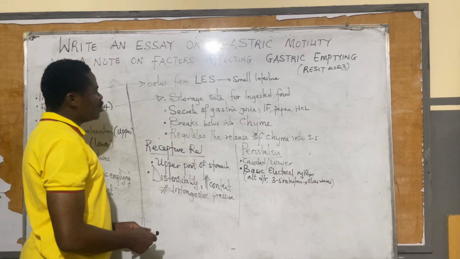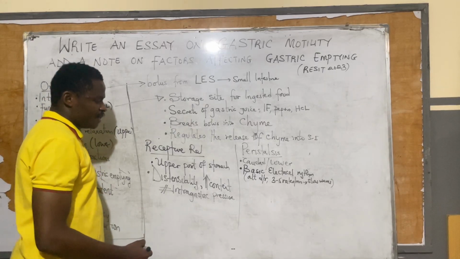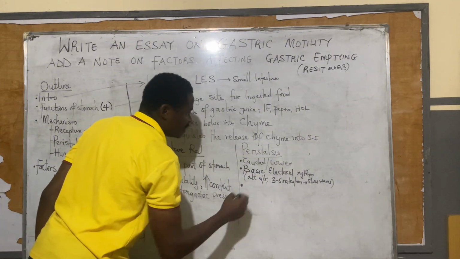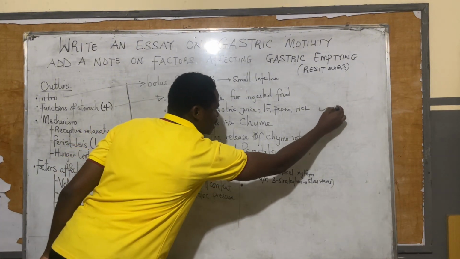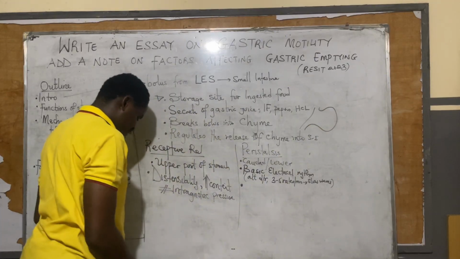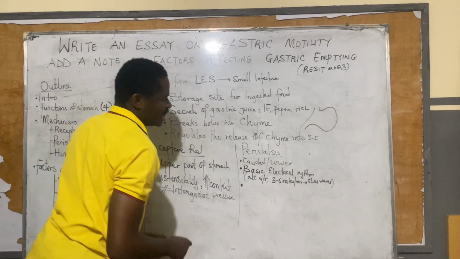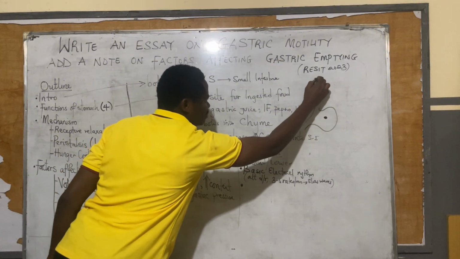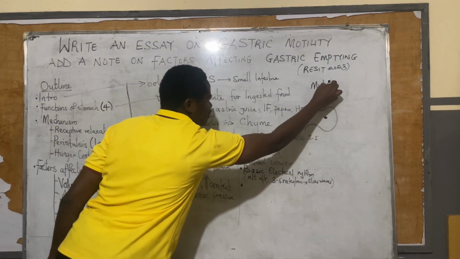Now, it is necessary you understand what happens here. If I show you how the stomach looks like in this shape, something interesting occurs. First things first, this is the mid stomach, the middle of the stomach.